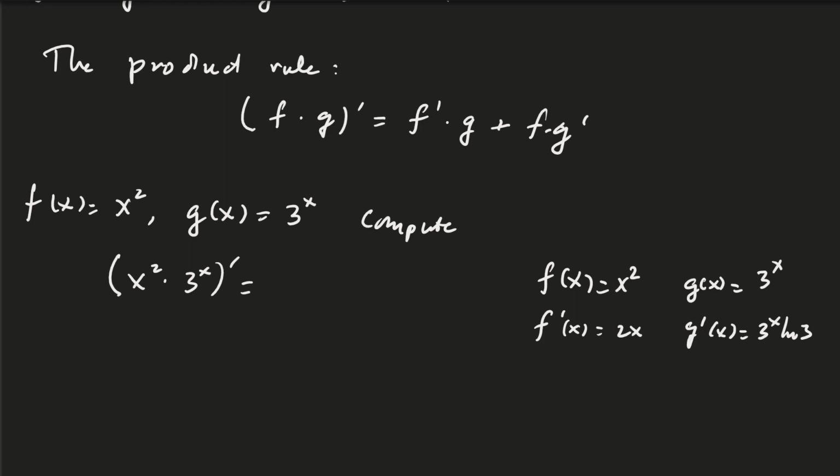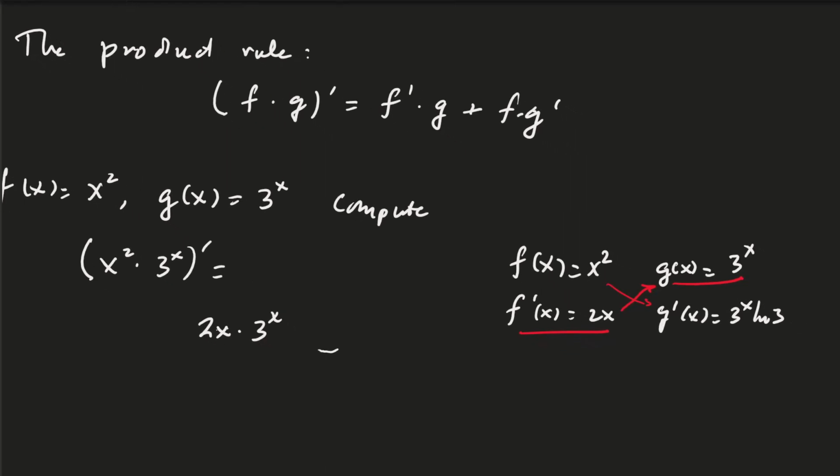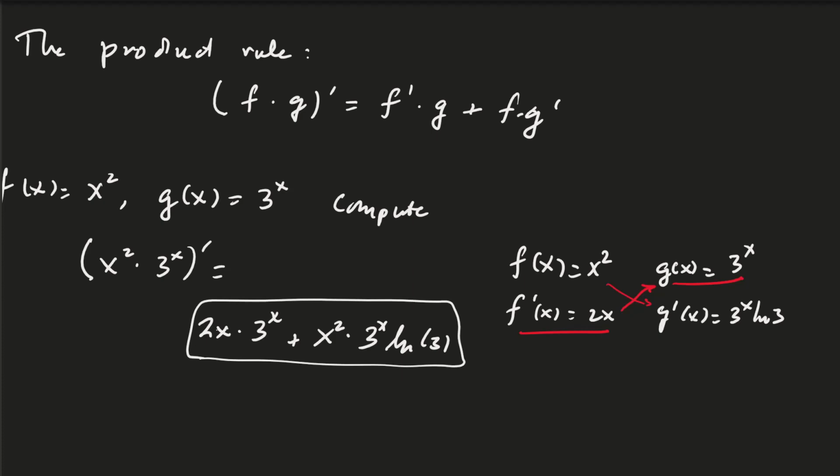And so now, you could take it either way, but we're going to take the derivative to be f prime times g, so it's kind of going this direction, right? And then we'll take a plus, and then it goes in the other direction. So that's going to be 2x times 3 to the x plus x squared times 3 to the x natural log of 3. Good. And so this would be our product rule.